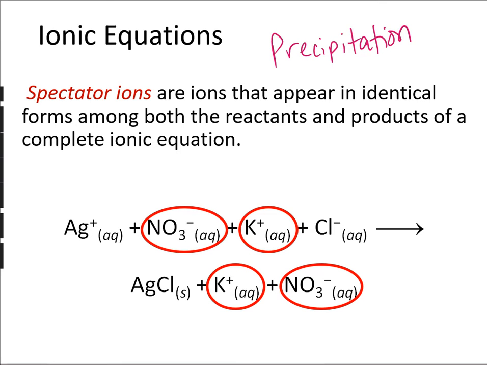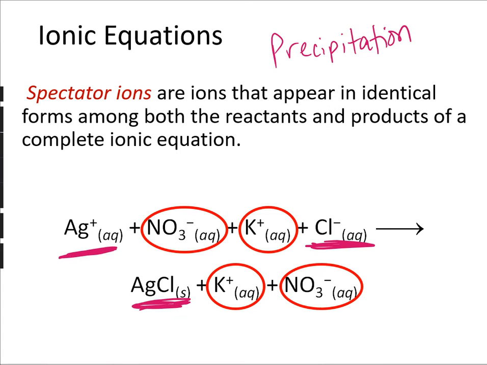So again, we had the silver nitrate with potassium chloride, both were aqueous, but because we ended up producing this solid silver chloride, this was a precipitation reaction. So spectators, they do not participate in the formation of this precipitate. Because if you notice, what we end up with is our silver ion, chloride ion, and our silver chloride.